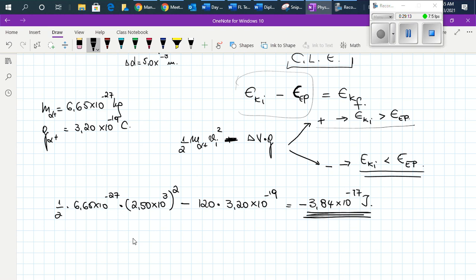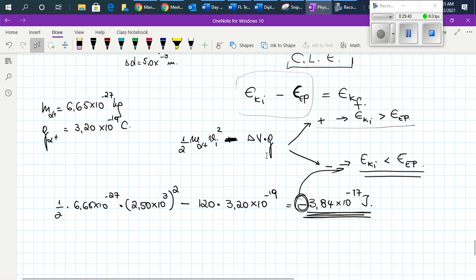So the fact that it is negative means that we are in this case where the particle doesn't have enough kinetic energy to overcome the resistance that the electric potential energy is exerting and make the particle move to the other plate.